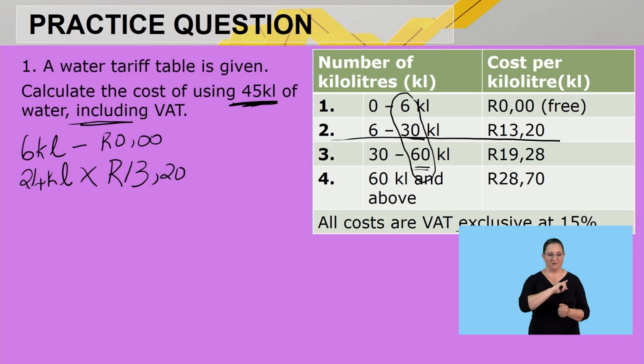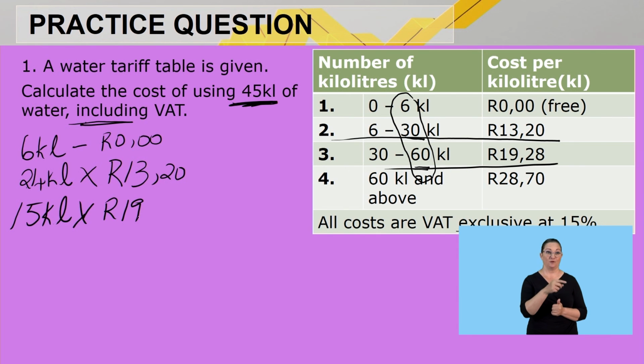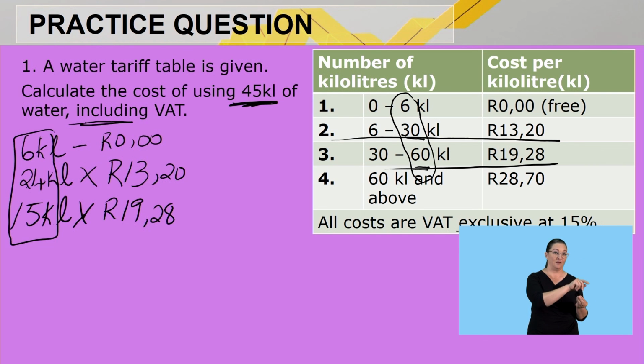That is our golden rule. So now I'm taking my 15 kiloliters, then I'm multiplying it with the correct cost. On block number 3, the cost there is 19 rand 28 cents. So now adding my kiloliters, I have 6 plus 24 plus 15.